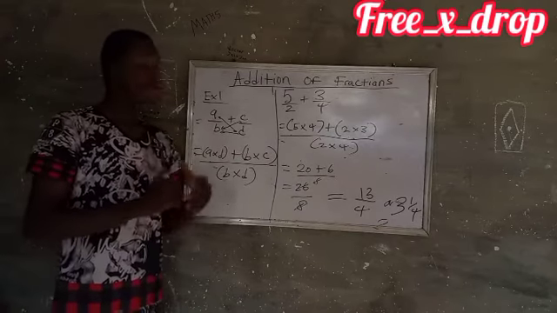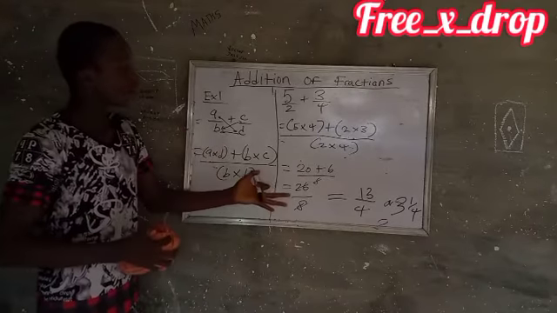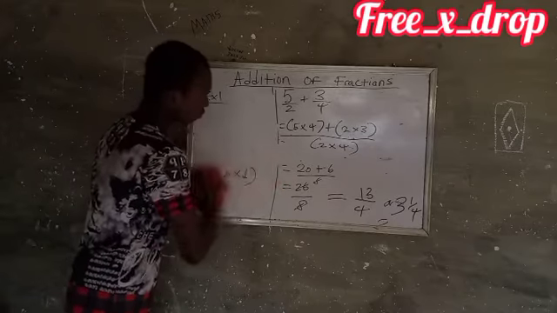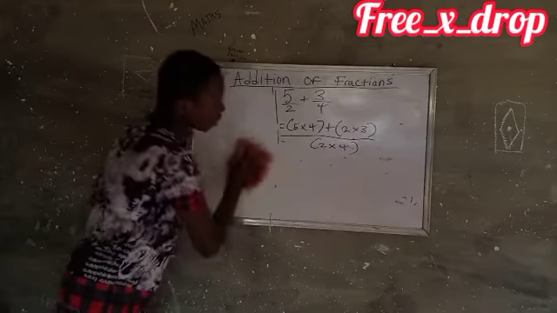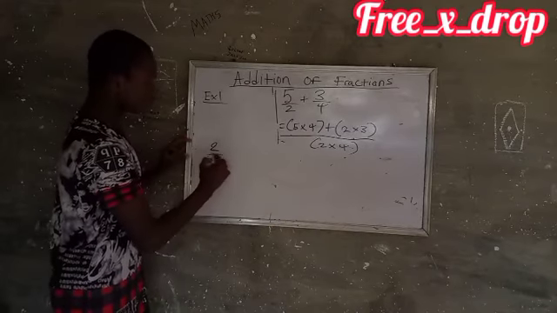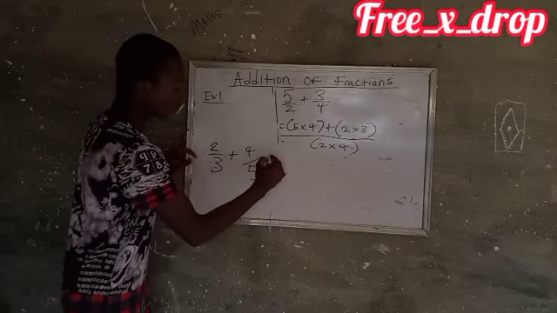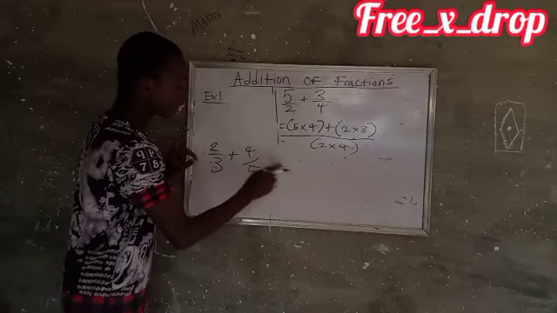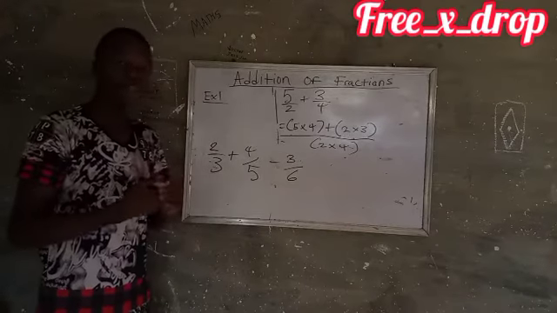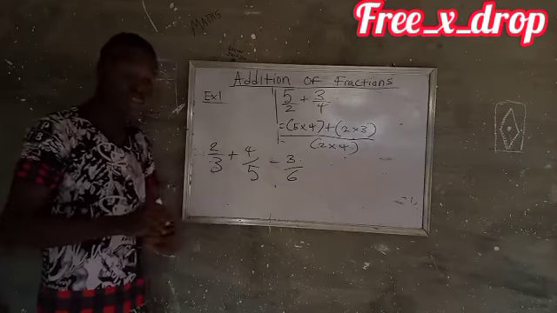Some of you might be having this kind of question and you say, what if it's 2/3 plus 4/5 minus 3/6. For this kind of question, it's still easy to use the method I just did.